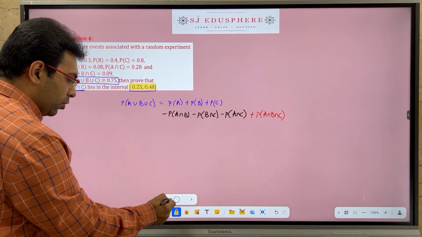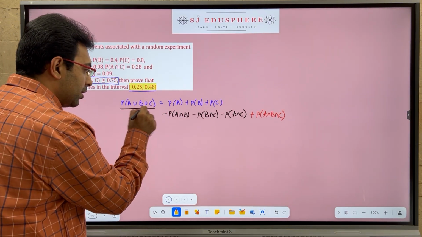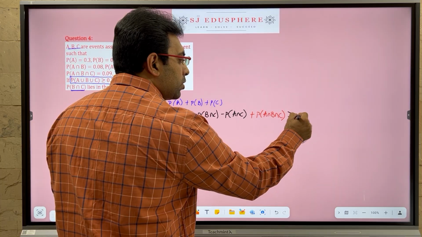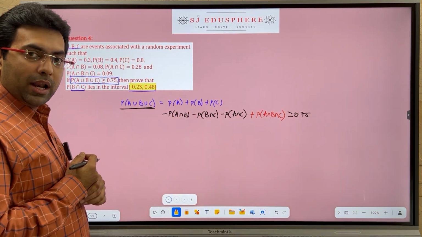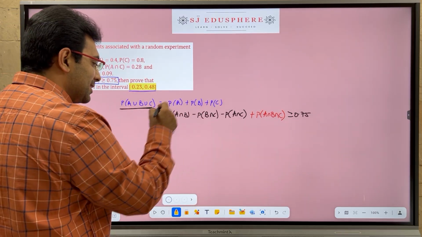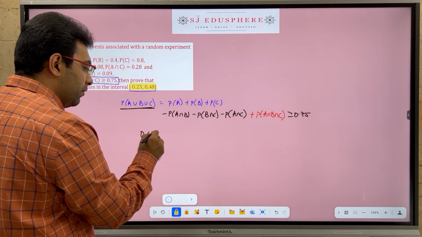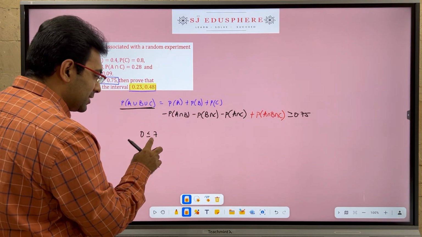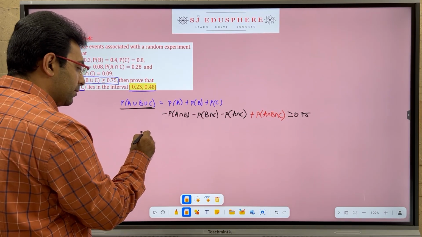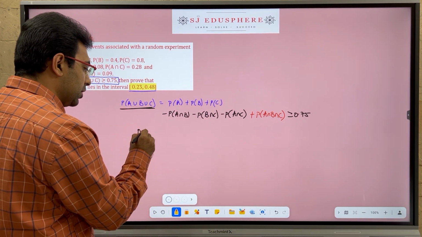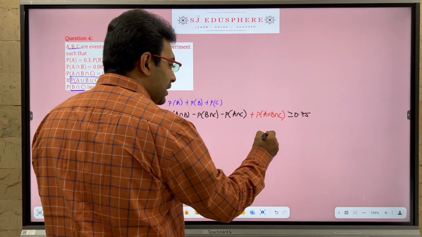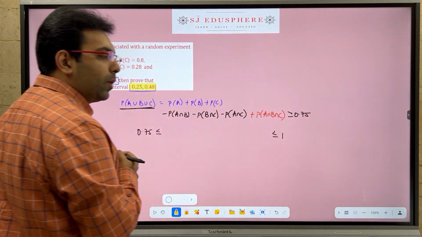So I know that this answer is greater than equal to 0.75 and less than 1. So can I say this entire answer will lie between 0.75 and 1? So 0.75 less than equal to, and 1.